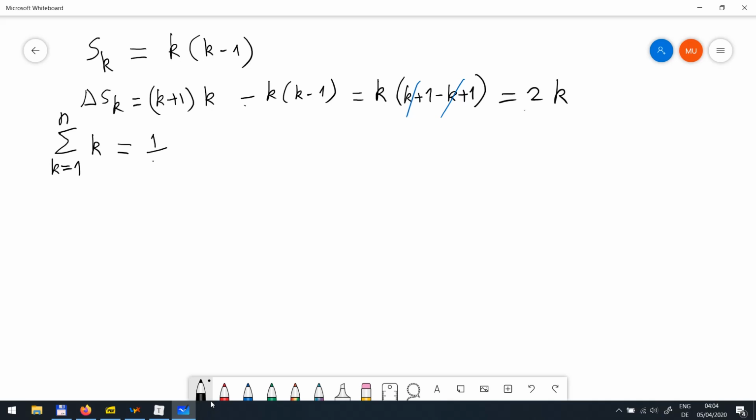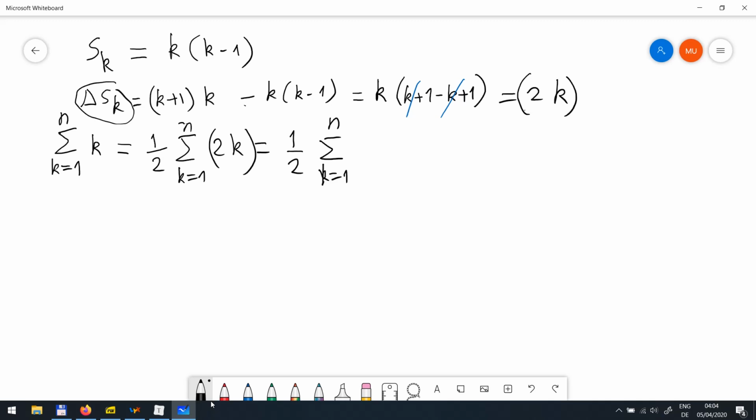I divide this series by 2 and I multiply this by 2, and when I do that, this 2k will match this 2k, which means that I can again write this series as a telescoping series, because that 2k equals that difference. We have brought it to our strength.